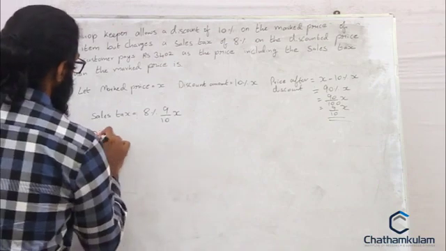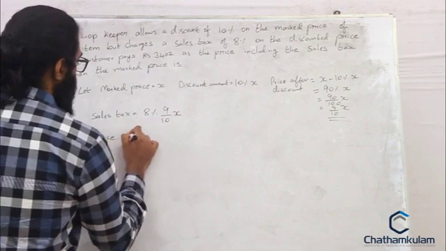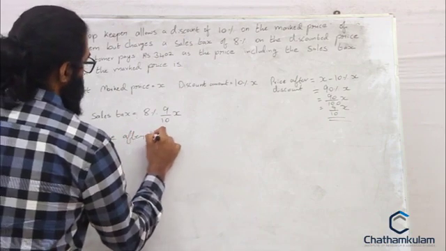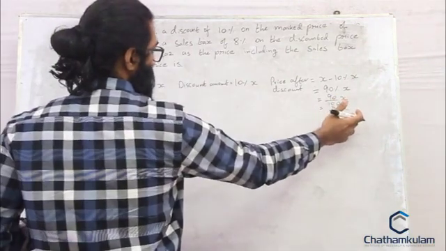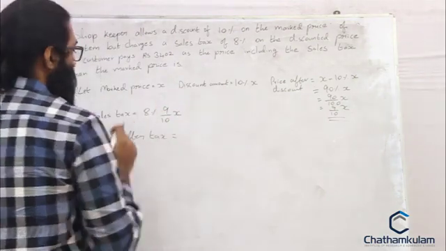Then we can get the price after tax, which would be equal to the summation of this amount and the sales tax.